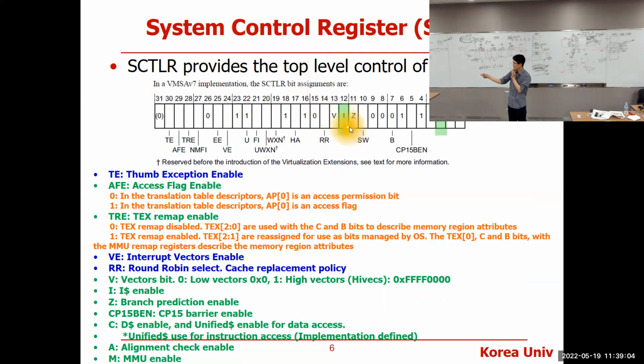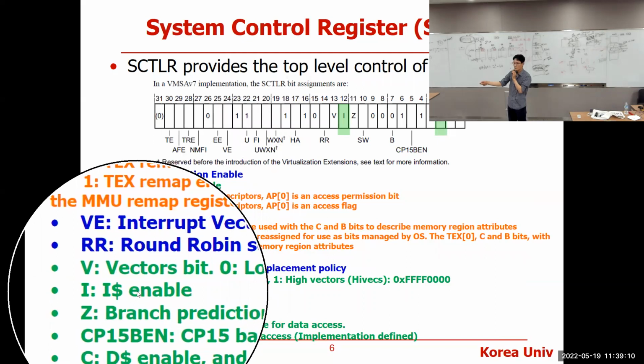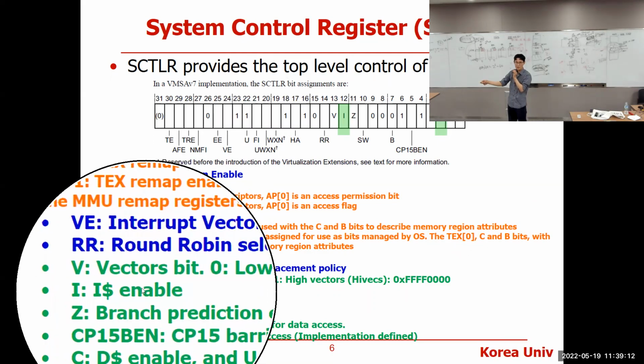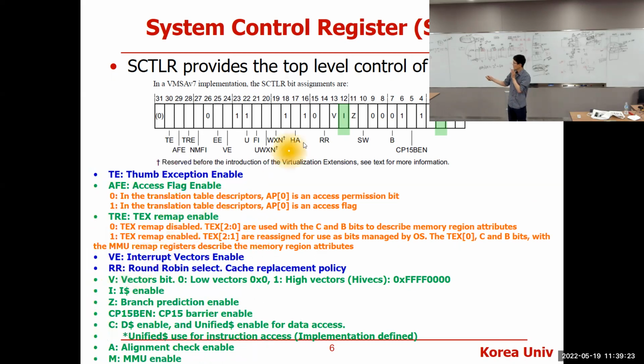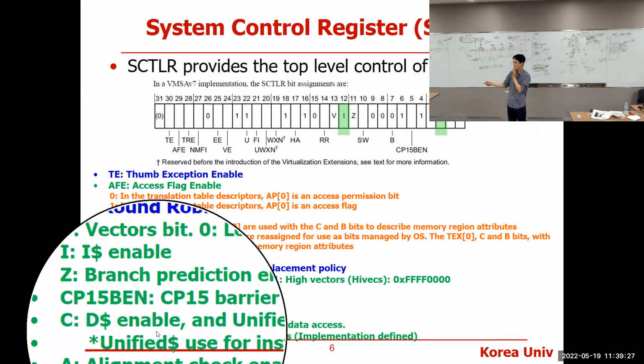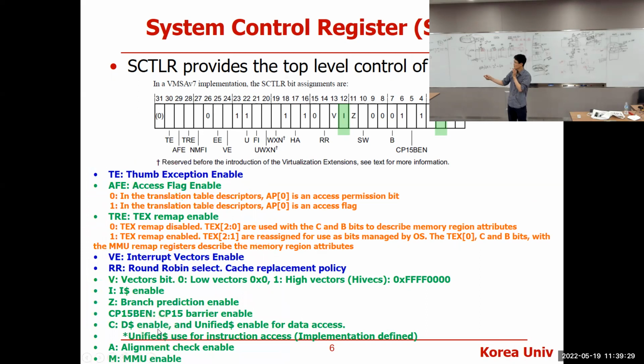Using this I bit, if you set this I bit to 1, iCache enable, you are enabling the instruction cache. By default, the cache is not enabled. In our Cortex-A9, the cache is not enabled by default. So you have to enable the cache if you want to use it. And the C bit is data cache enable, dCache. So that is enabling the level 1 caches, iCache and dCache.